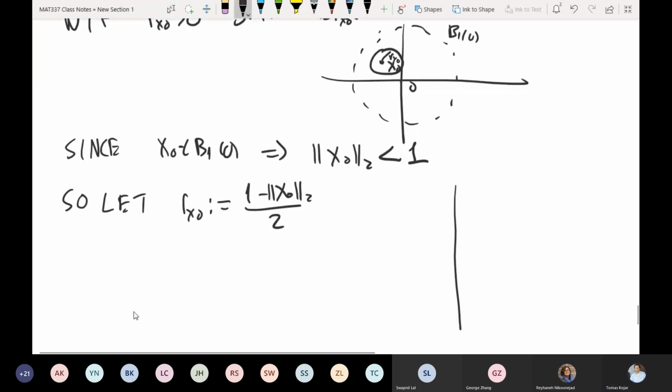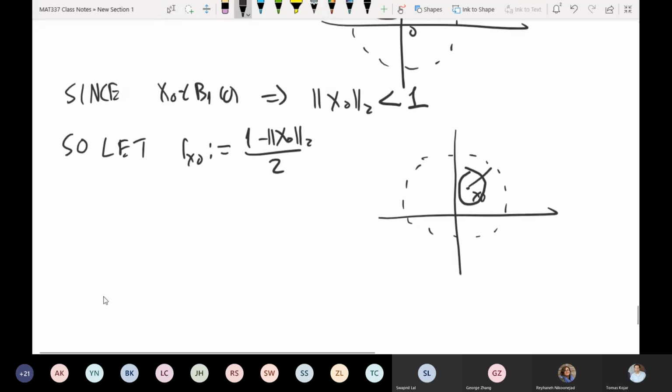This is x naught, this is the distance, and you halve it. Claim: B_R(x naught) is fully contained in B_1(0).